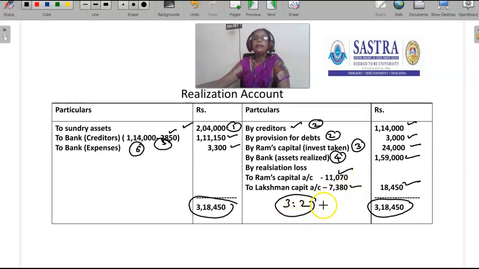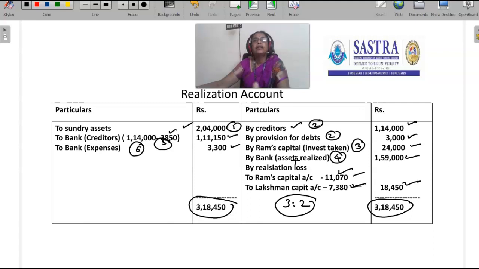So if we transfer the total loss to Ram's capital account and Lakshman's capital account in the ratio of 3:2, Ram's capital account is debited 11,070 and Lakshman's capital account is debited 7,380. This is the style to prepare the realization account. You must know the basic concept.